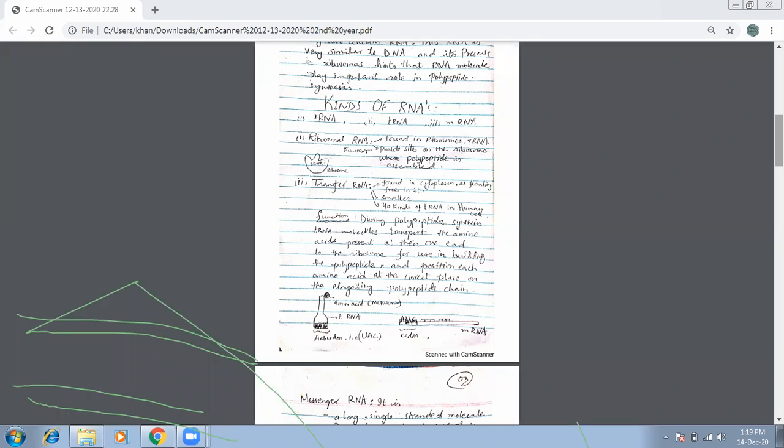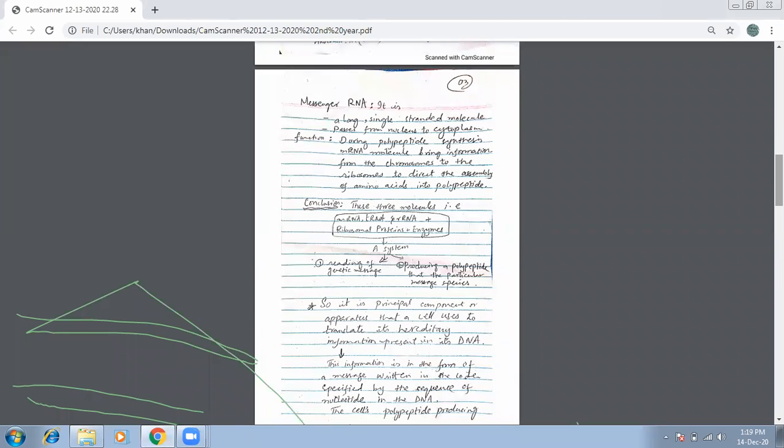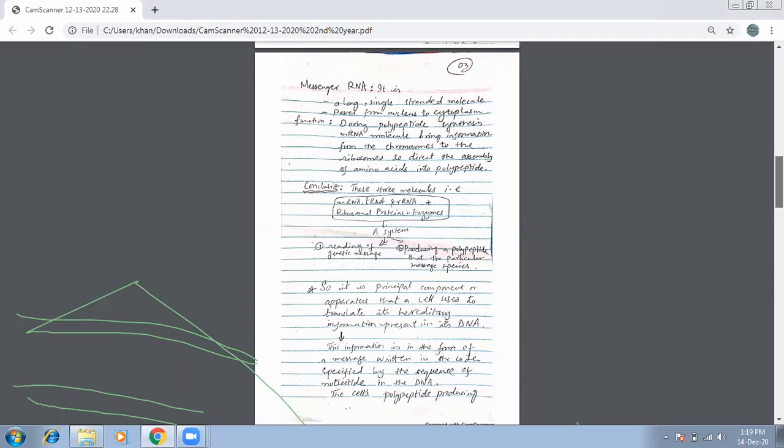This was a description about two kinds of RNAs. Now comes the turn of the third kind of RNA, that is the messenger RNA, designated as mRNA. What kind of molecule is this messenger RNA? It is a long single stranded molecule, and it passes from the nucleus to the cytoplasm through the nuclear pore.